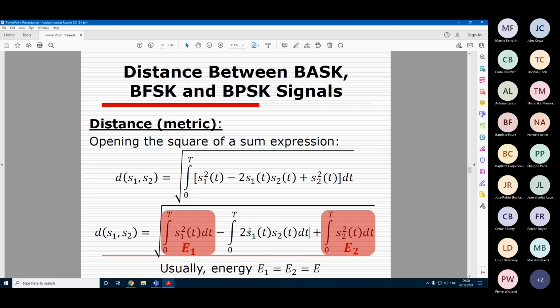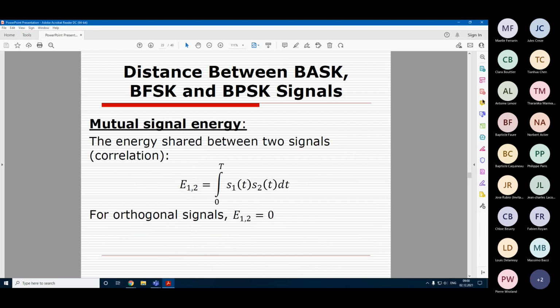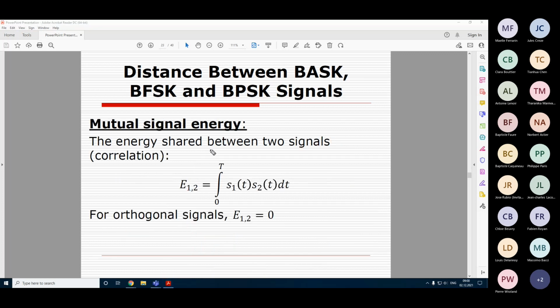This double mutual multiplication depends on the modulation type, of course. Actually, this is the shared energy of these two signals, what energy they have in common. For that reason alone, we prefer to use orthogonal signals for binary frequency shift keying, because for binary frequency shift keying, these two signals have different frequencies.